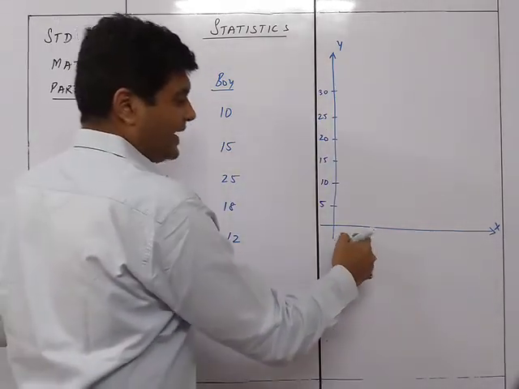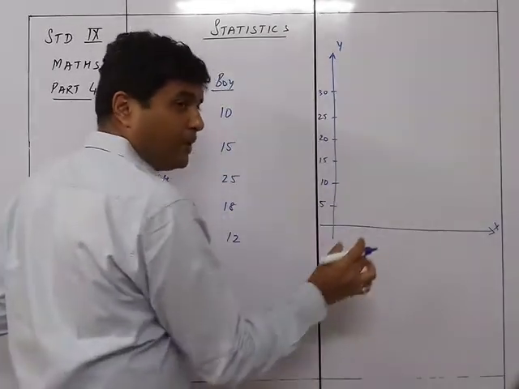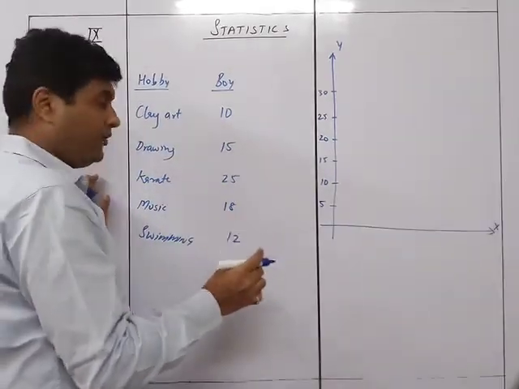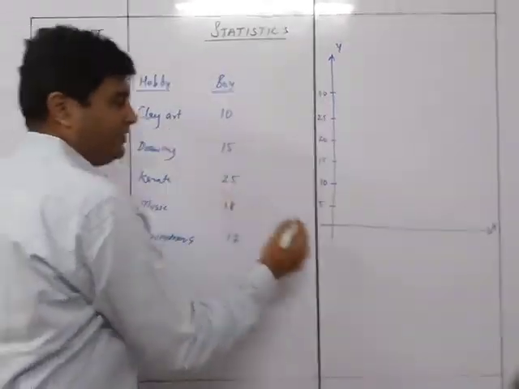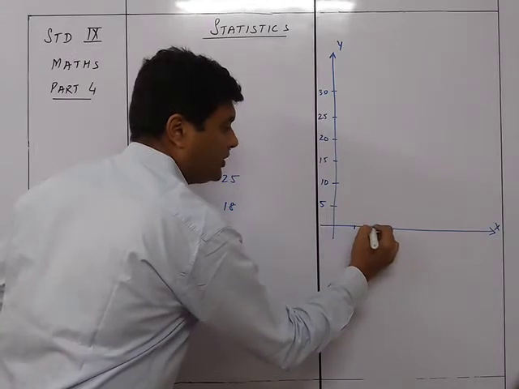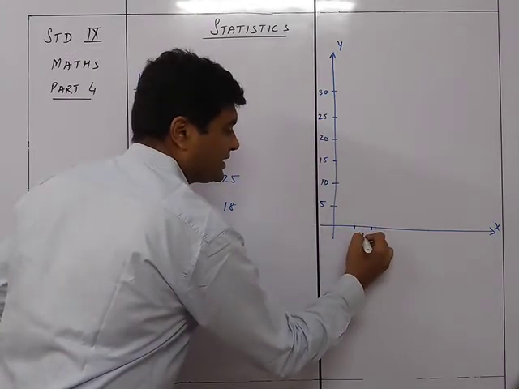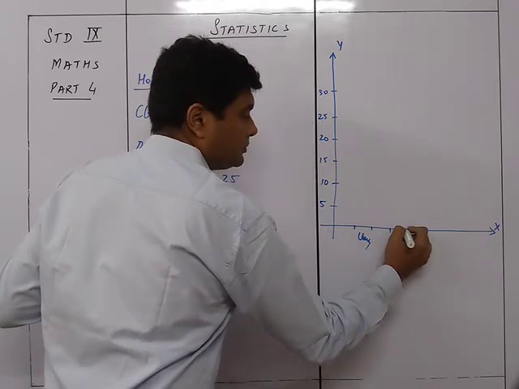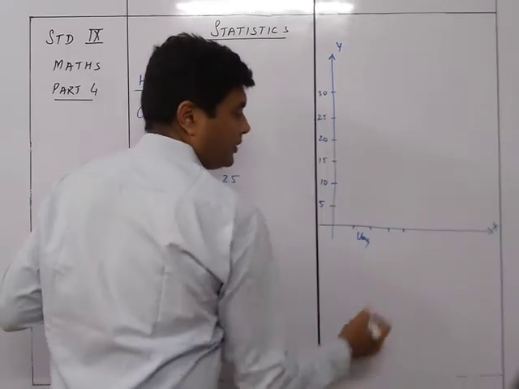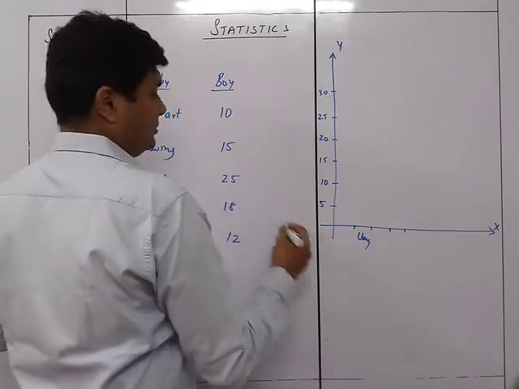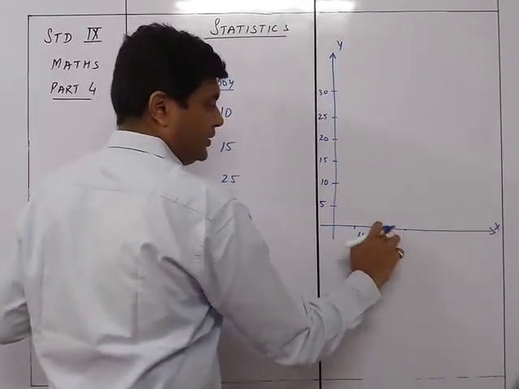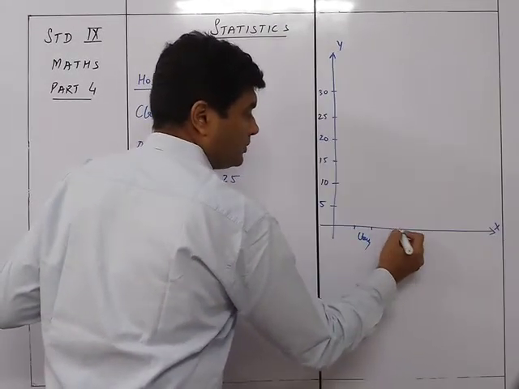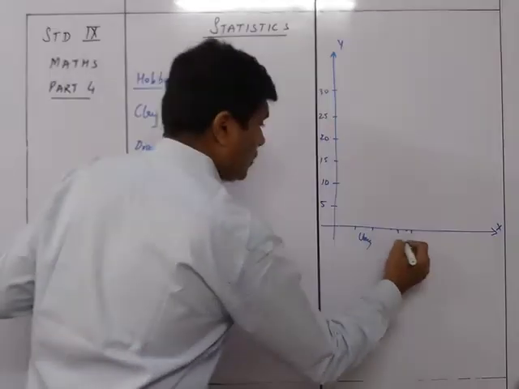And on this side, we will take some block for each and every activity. This first block, from here to here, let's take it as clay. From here to here, I'll just keep some gap because I need to add something later on. So that will be for drawing.